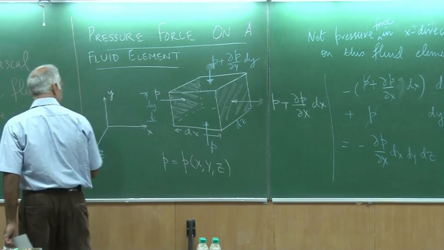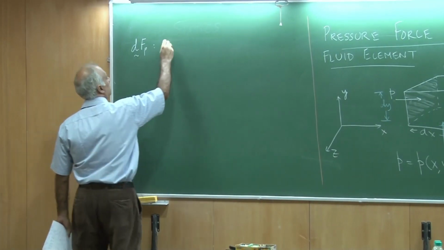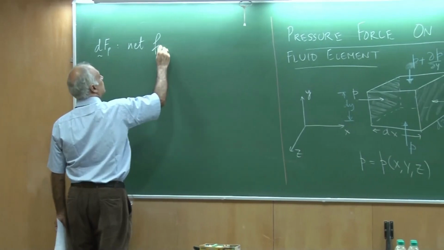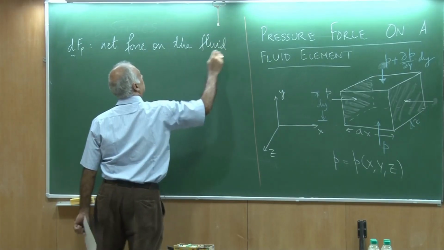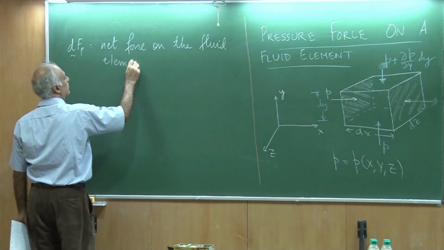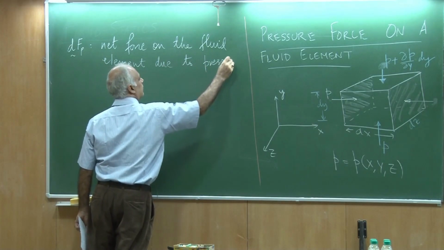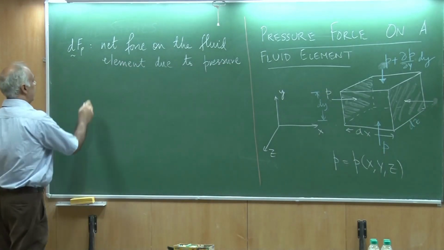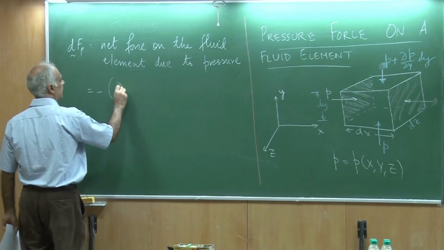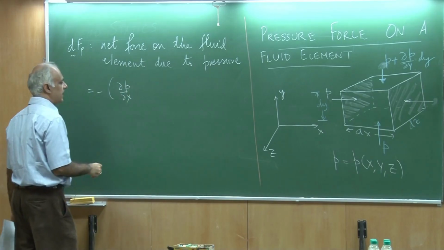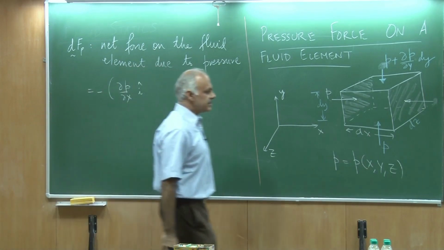So, now I can write it down in terms of a vector. I could say that dFp is the net force on the fluid element due to pressure, and this I could write in the vector notation as minus del P by del x i, that is in the x direction from here.